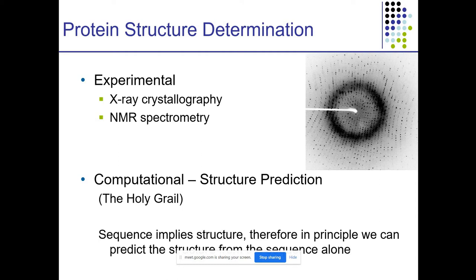We call that the Fourier transform method. The Fourier transform is a mathematical method used to transform the data, the NMR signals and X-ray crystallography signals.